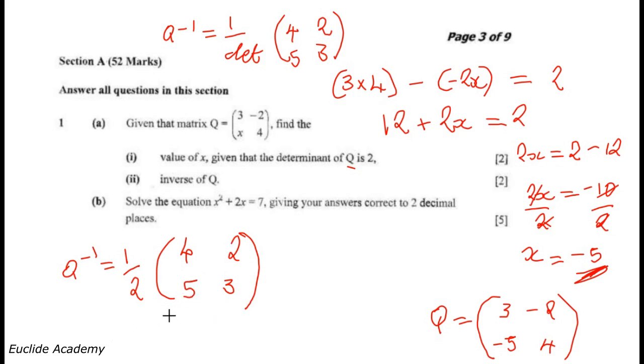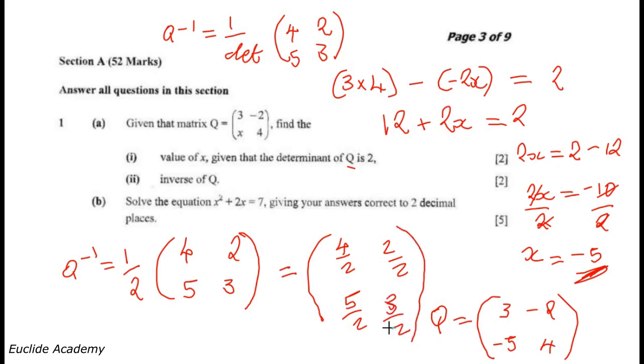And that is the inverse of the matrix. Of course, others will want to go ahead and divide, so the half here is multiplied by each and every value. If you want, you can go further and say 4 over 2, 2 over 2, 5 over 2, and 3 over 2.